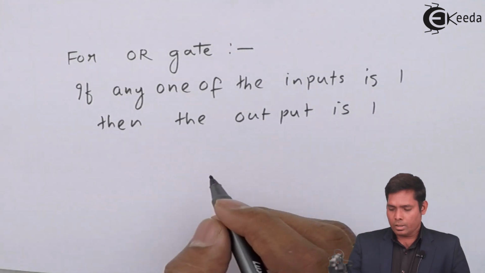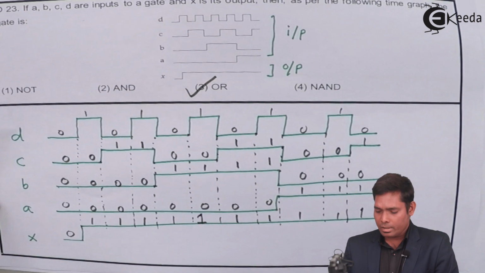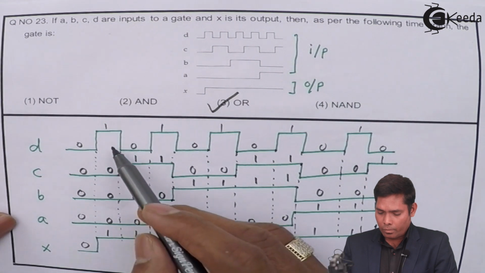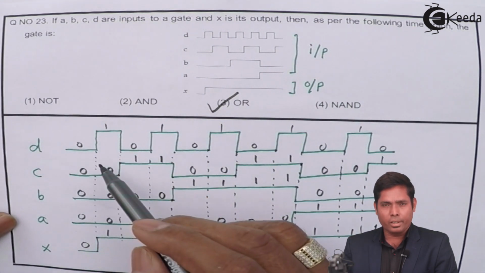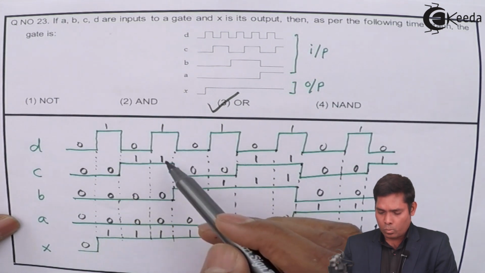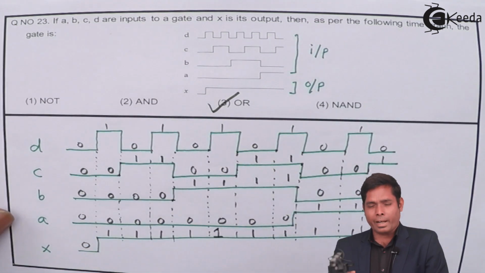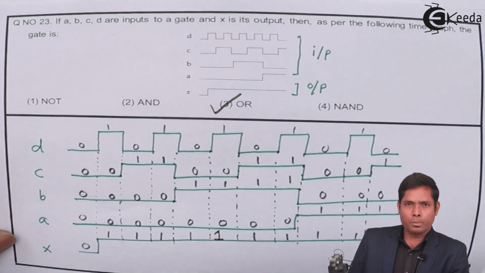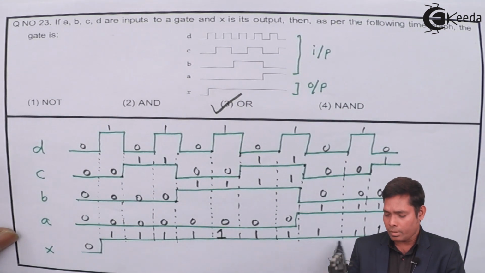In all these cases the output is 1 when at least one of the inputs is 1. You can see there are 2 ones here. In the inputs you will find at least one input with a higher value, therefore you are getting 1.